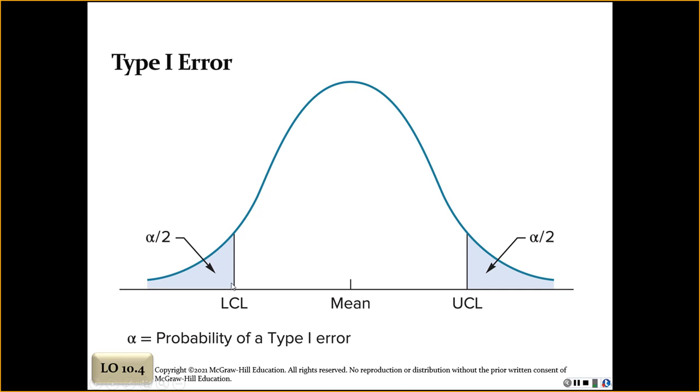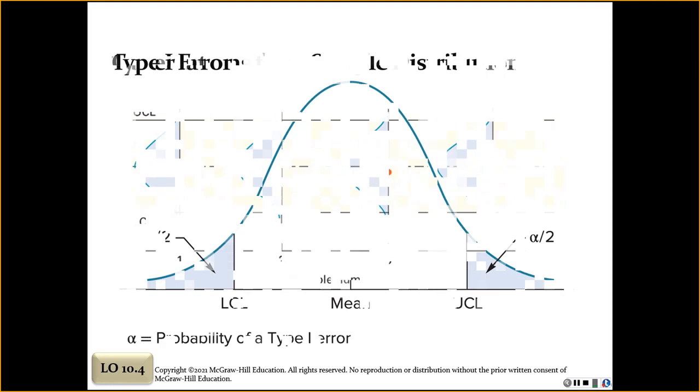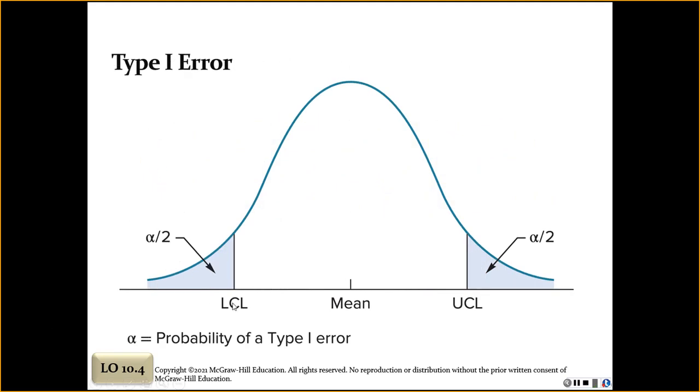So again, you have your lower control limit on this end, and you have your alpha risk, which is the sum of the probability of both ends. So alpha refers to LCL, lower control limit, plus UCL, upper control limit.